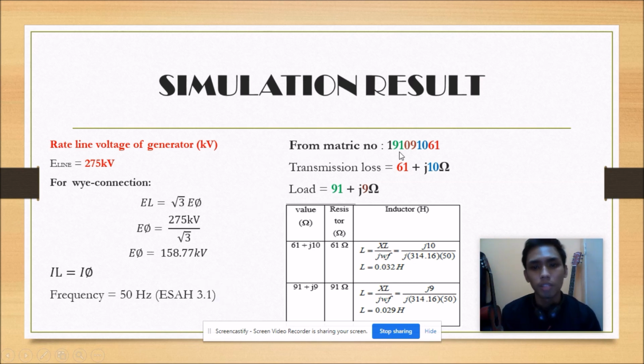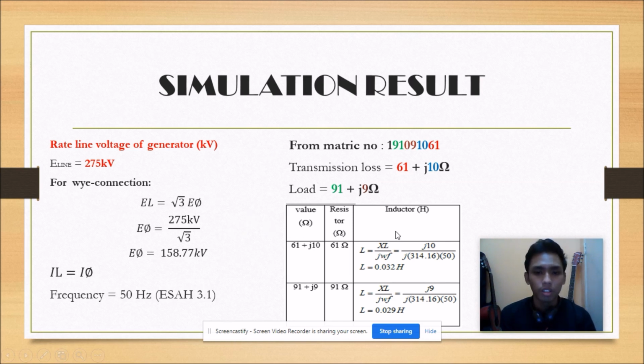From my metric number, 191091061, for transmission loss, I got 61 plus j10 ohm, and for load, 91 plus j9 ohm. Before we construct a circuit, we must get the actual values of the inductors.